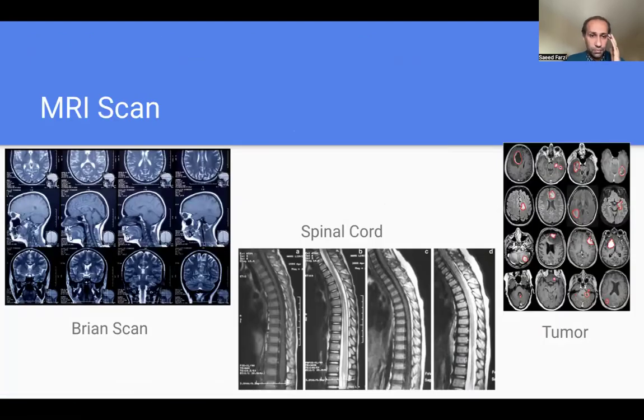Okay, I will give you some examples from the MRI scan. You can see each image provides different information in a different format, in a different shape. Of course, you need a different technique. We cannot use the same technique for all of them. For example, here is an MRI scan from the brain, spinal cord. The resolution is very good.